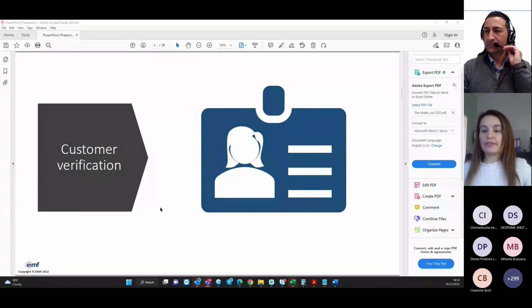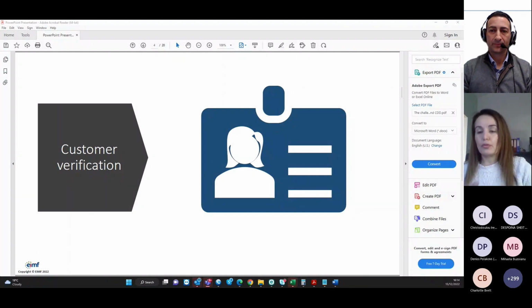Customer verification. Now, companies have face-to-face customers, but some other companies are targeting non-face-to-face customers. For example, traditional banks, in most cases, have face-to-face interactions with their clients.